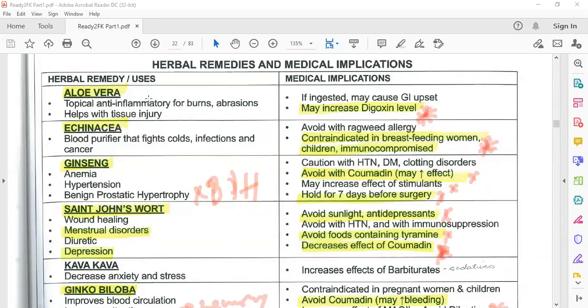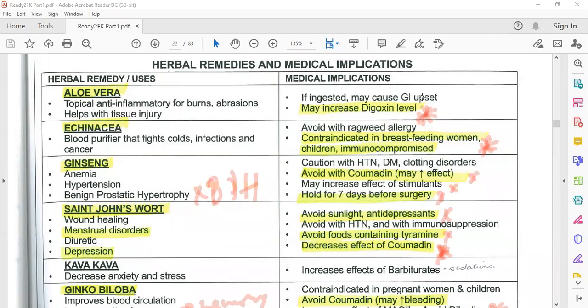They have an anti-inflammatory effect. Because of their anti-inflammatory effect, we use aloe vera for burns or any kind of abrasion or wound on the skin. Sometimes it helps with tissue injuries. But if we use aloe vera, we need some information about it, like aloe vera can cause GI upset.